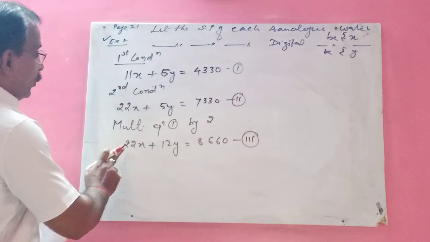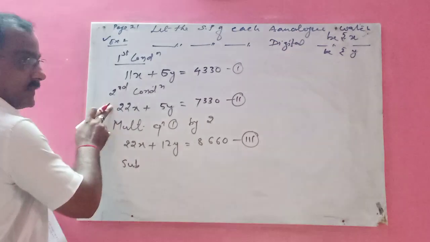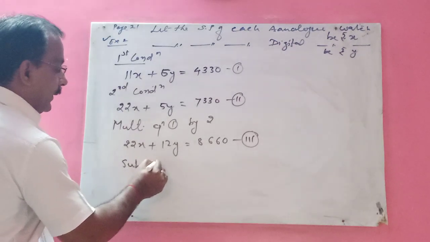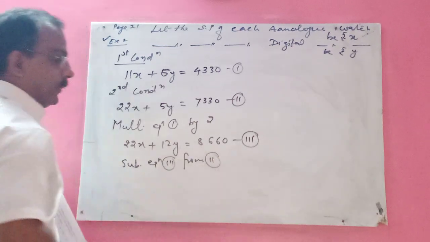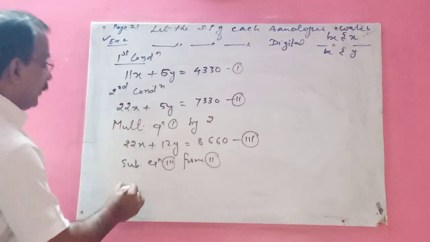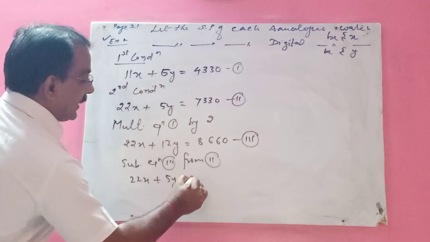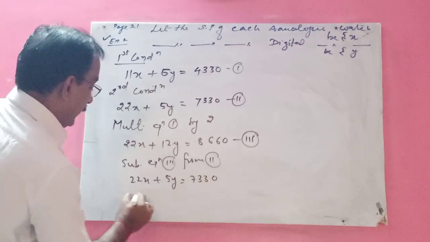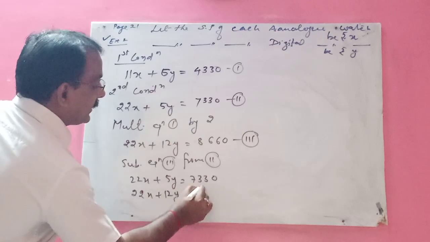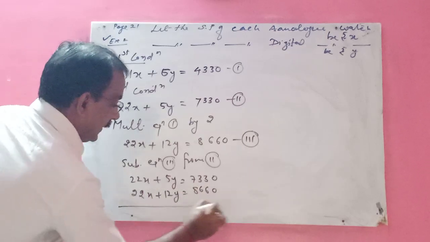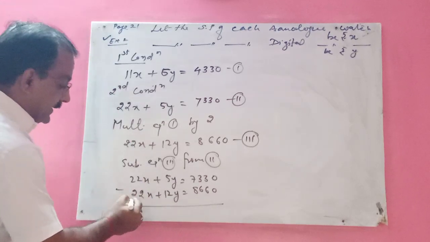Okay children, now the coefficient of X in this and this is the same, so you should do subtraction because the sign is same. Subtracting equation 3 from equation 2. Subtracting this from this. So write 22X plus 5Y equals 7,330, and 22X plus 12Y equals 8,660, and do subtraction. As I told in my first sum, you have to change the signs.